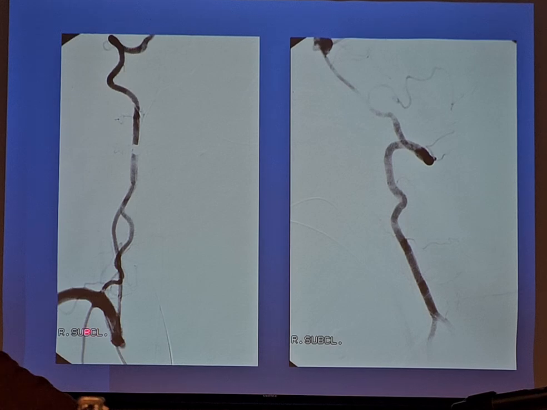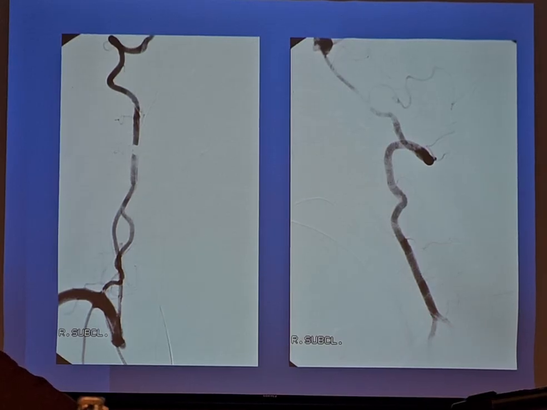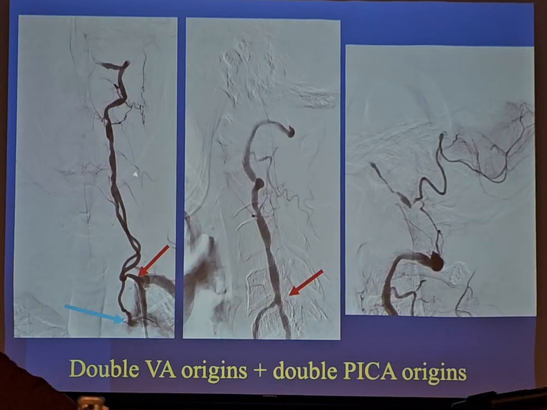With subclavian artery injection, you can see two origins of the vertebral artery. This is a lateral view, and you can see them joining together. This is again a double vertebral artery. One is from the 6th, this is the 7th, and they join together in this way. So the 6th originates directly from the aortic arch.